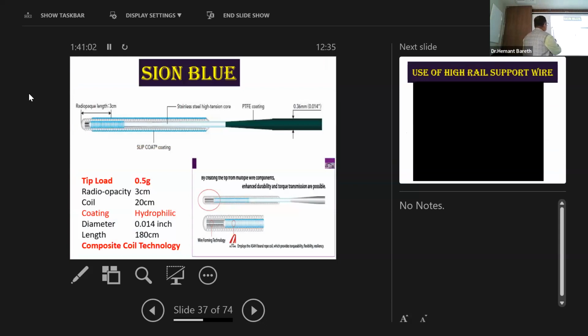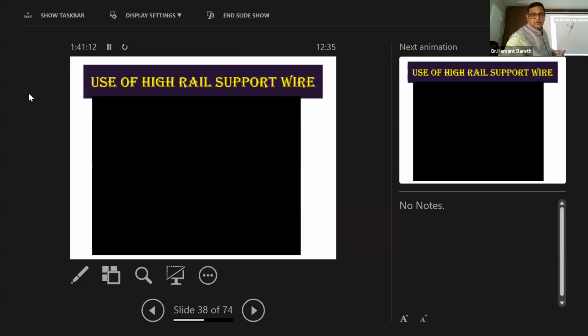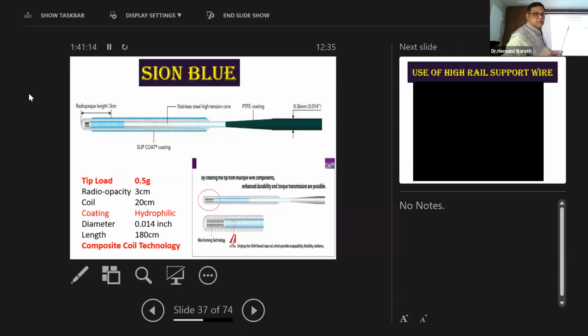The radiopaque segment is 30; the coil extends 180, but the radiopaque segment is only 30. It has a high tensile steel core, PTFE coating in the proximal part, but no coating here. There is a slip coat coating, a hydrophilic slip coat where, in contact with water, it becomes a gel.